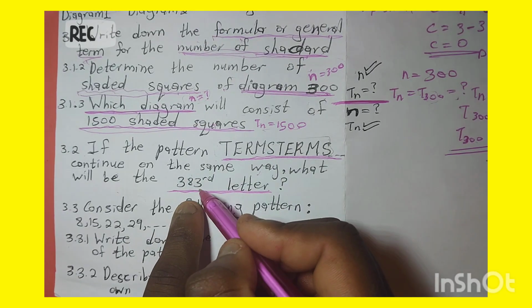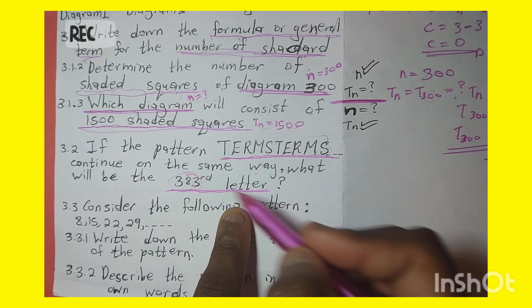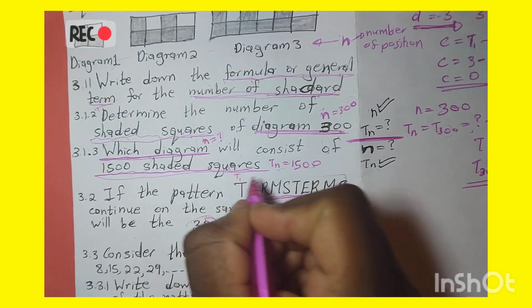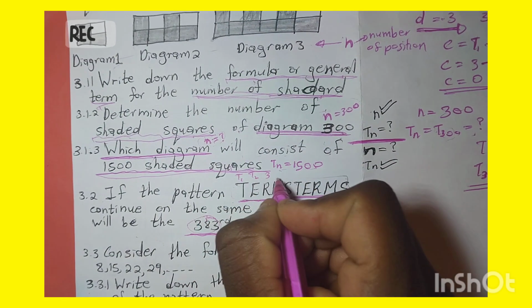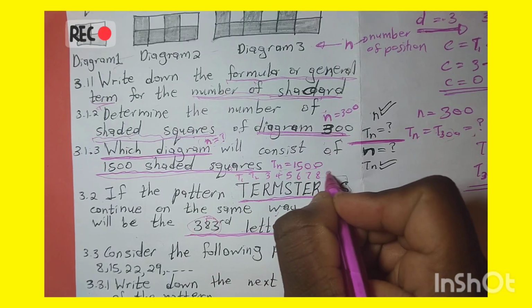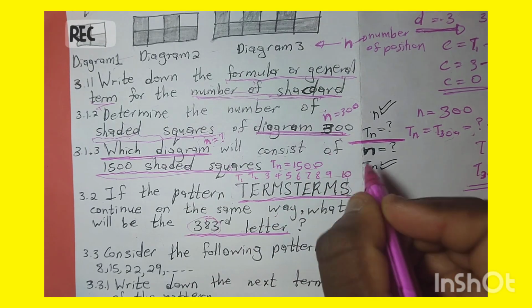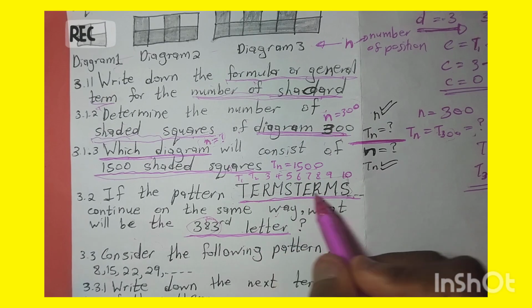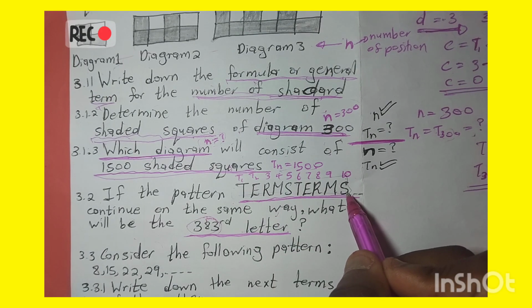So they ask you at this position, what will be the letter there? Here we have position 1, position 2, position 3, position 4, 5, 6, 7, 8, 9, and 10. So that word consists of 10 positions. Do you see?